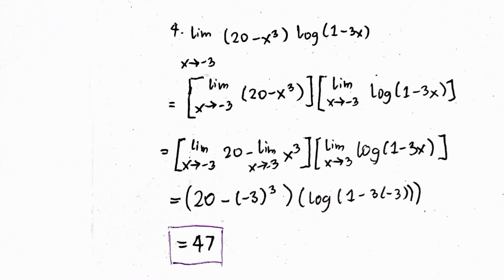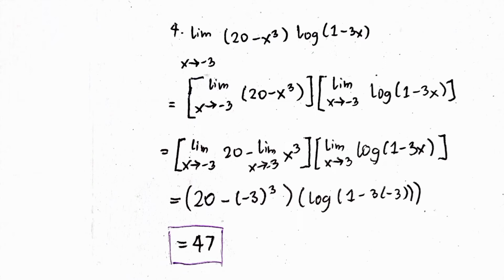And lastly, we have the limit of the quantity 20 minus x cubed multiplied by the logarithm of 1 minus 3x as x approaches negative 3. Let's apply the product theorem, and now we have the limit of 20 minus x cubed as x approaches negative 3 multiplied by the limit of the logarithm of 1 minus 3x as x approaches negative 3.